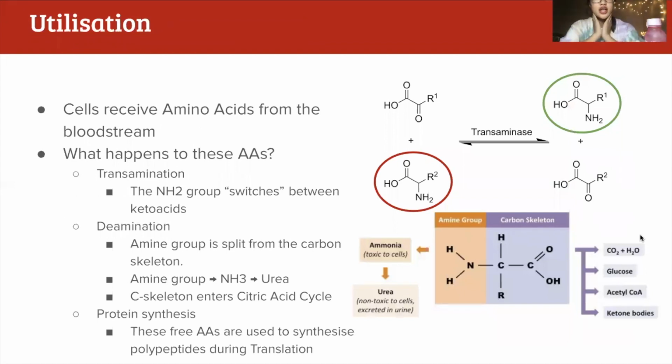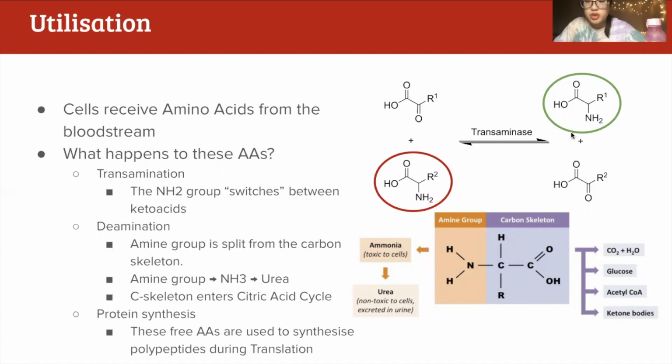And how are they utilized? So here, cells receive amino acids from the bloodstream. We know that from the previous slide because I just said it. So what happens to these amino acids at the cells that have taken them up? So they can be transaminated. So if you see here this red amino acid, we know it's an amino acid because it's got the NH2 group, right? Whereas this one is a keto acid, right? And it does not have the NH2 group.